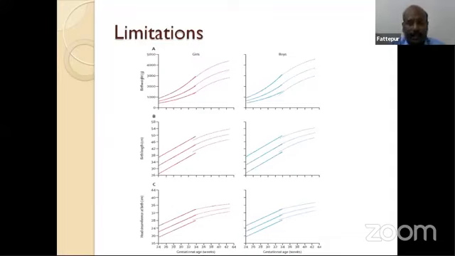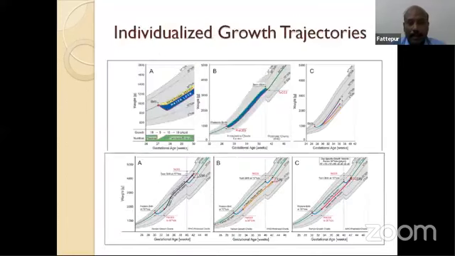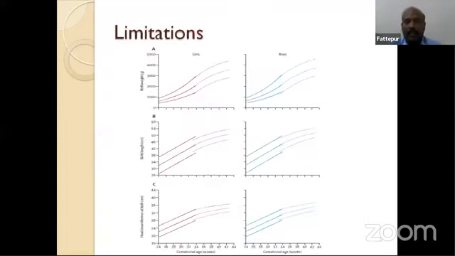As with any other charts, there are limitations in this also. That's why they are still not being used extensively. What are the limitations of these growth charts? The main limitation is that these are standardized only up to 33 weeks of gestation. Less than 33 weeks, the number of babies was very, very small.